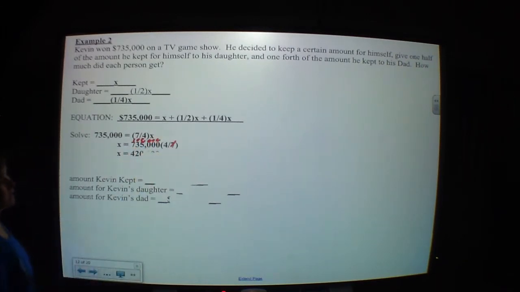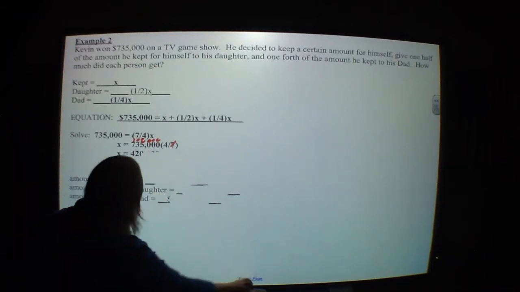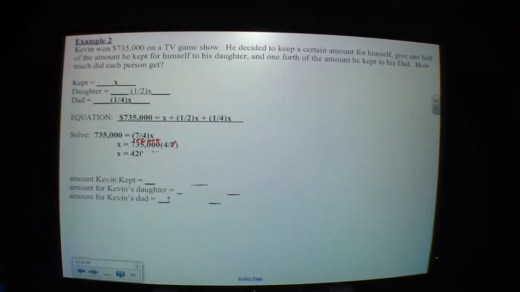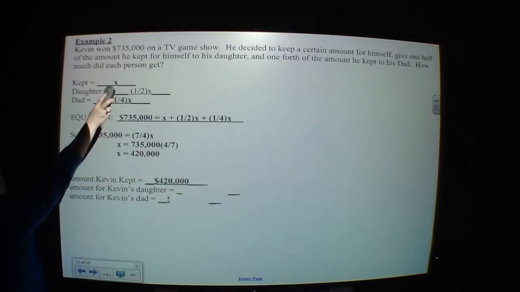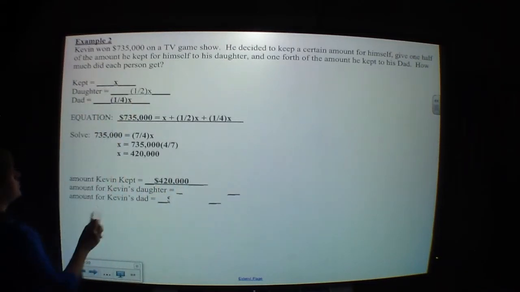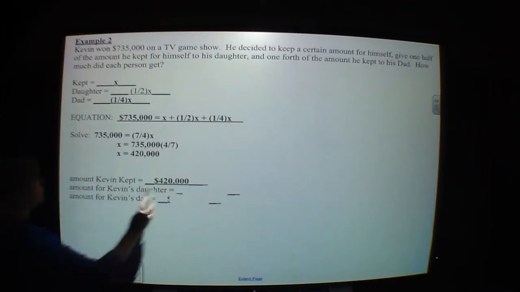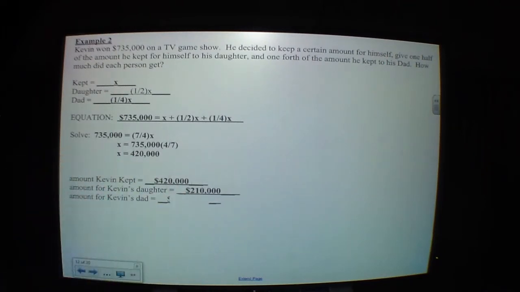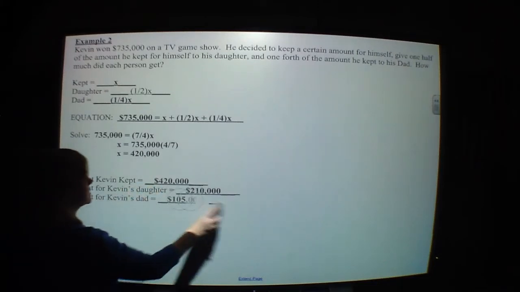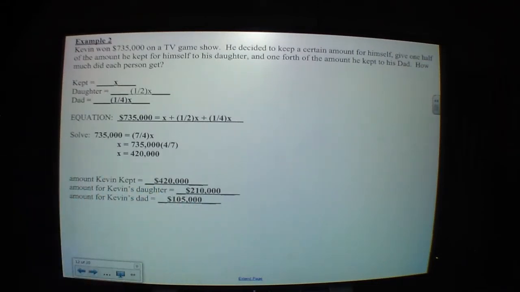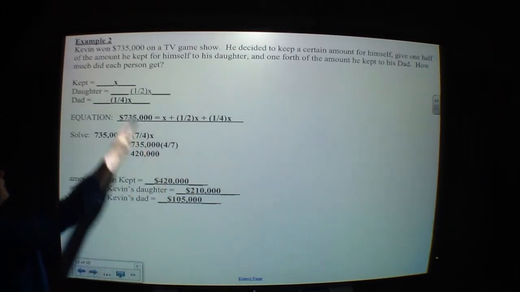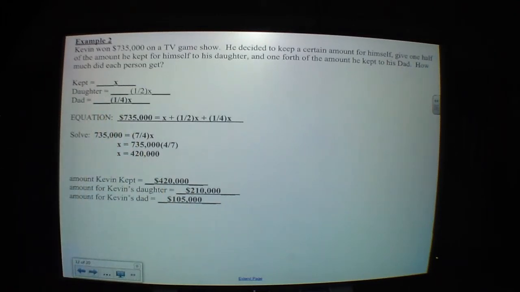So you could cancel it out and then multiply by 4. That's probably the easiest way to do it. So 105,000 multiplied by 4 is 420,000. So he kept 420,000, he kept X. Half of X went to his daughter, so half of 420,000, which is 210,000. And his dad got 1/4 of that, which is 105,000. If you add these three up, they better equal 735,000.